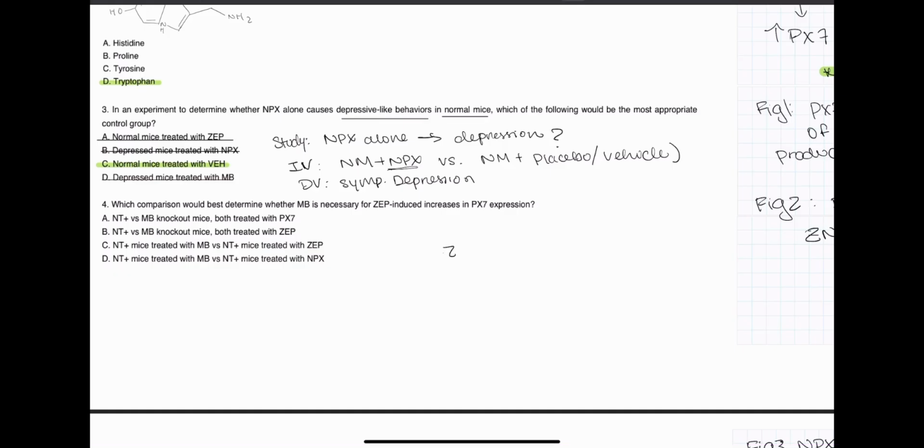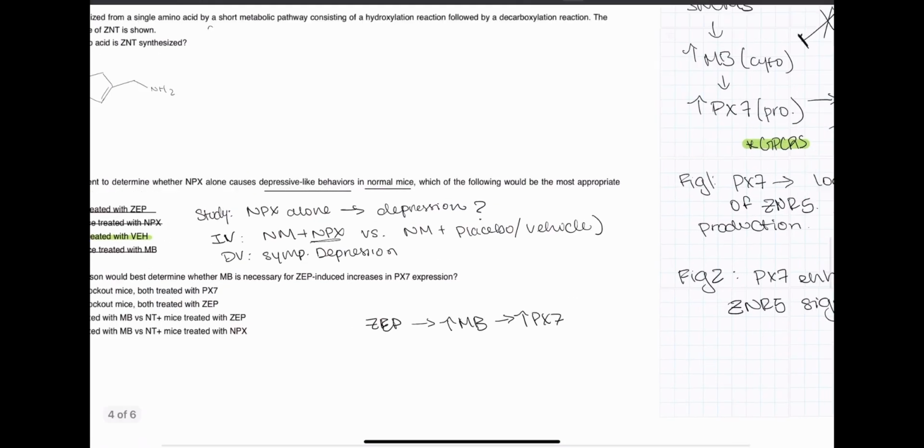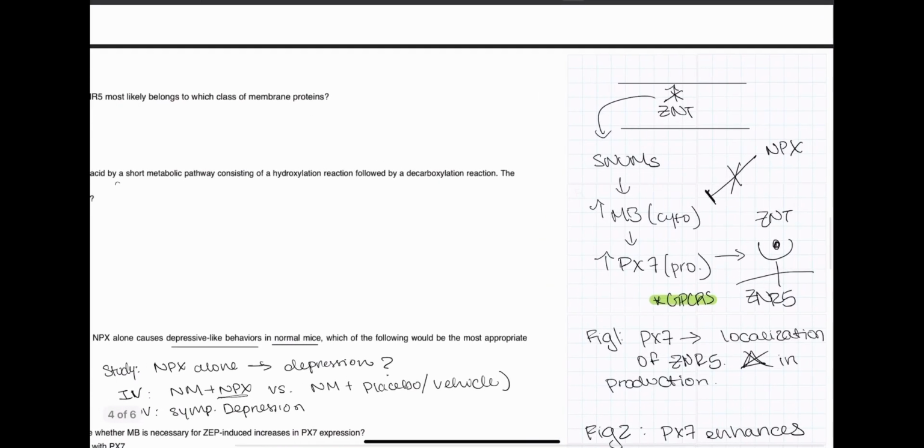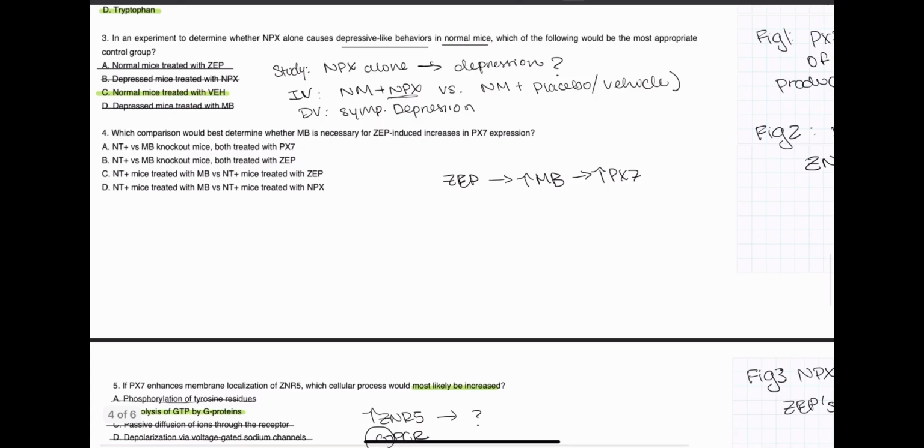So we know that when ZEP is administered, that will increase MB, and that will increase PX7. So back to our flow chart, ZEP is an SNUM, so you can write ZEP here. And then, is MB even required, or can it just directly increase PX7? So our requirements for experimental design, this is our experimental design.